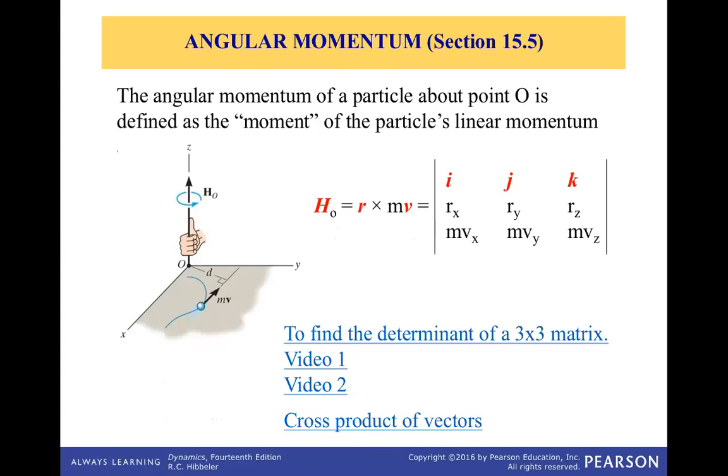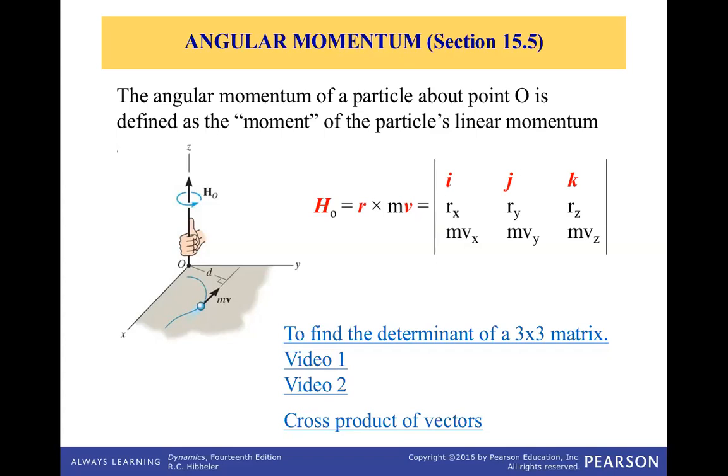So the definition of angular momentum, here we use symbol h. Remember this is a vector quantity again. This is equal to h sub o, that's where the object is rotating about. This is the point where all the axes are rotation.